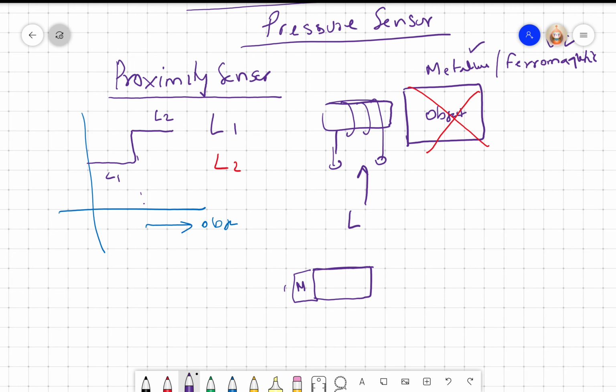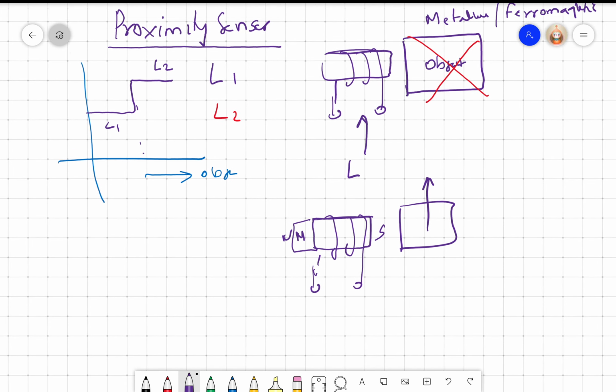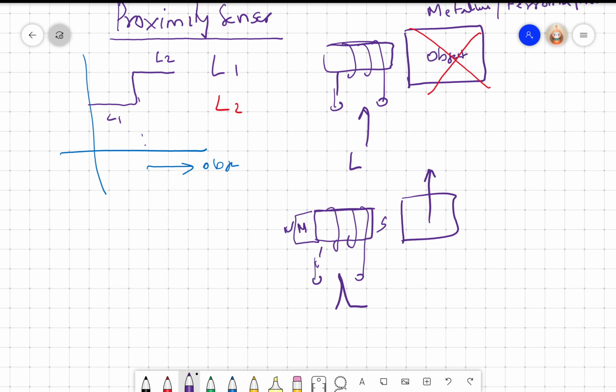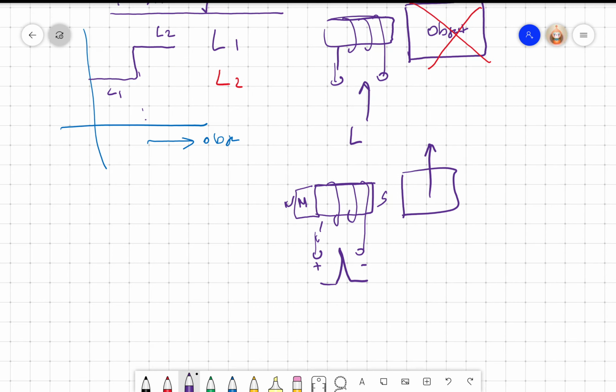So this becomes North Pole, this becomes South Pole, and when the object moves, now this has to be dynamic, you get an induced EMF. So suppose, let's say you have objects moving on a conveyor belt and you want to detect them, you can use the inductive type proximity sensor.